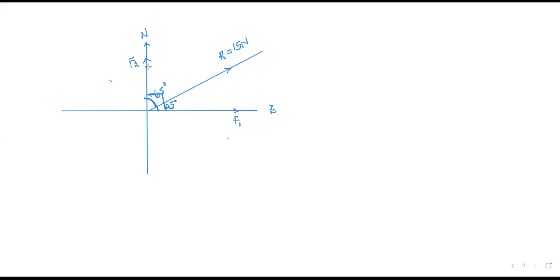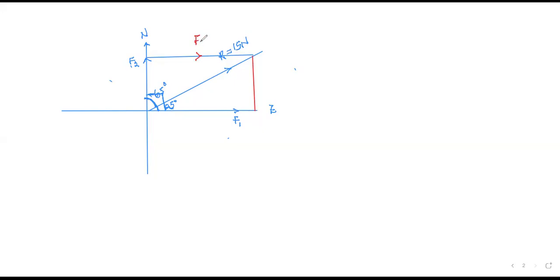if we draw the two forces to represent a triangle, an equal vector here, another equal vector here. Let's indicate the directions.